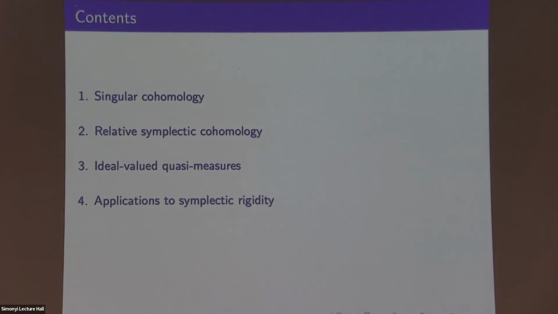In order to get a new application to symplectic rigidity, we have to use all of this theory and define a tool called ideal valued quasi-measure, and it will help us to prove all the applications.